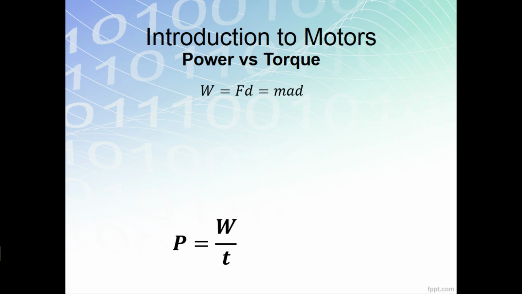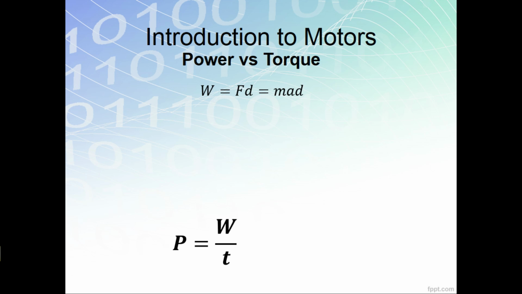In rotational motion, force would be replaced by the torque and the distance would be replaced by theta. Similarly, the mass would be replaced by the moment of inertia, which is the quantity that opposes the rotational motion.